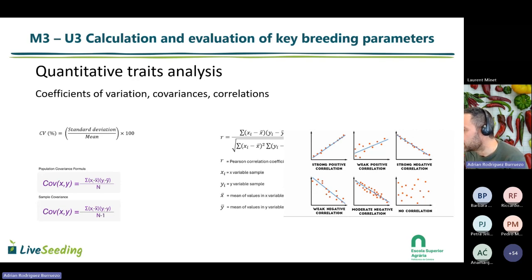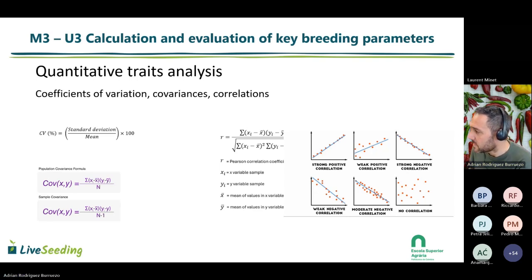Okay, I must revise because I did not copy properly the formula. I will provide you the revised version, sorry. But anyway, the correlation expresses, in terms of trend, positive or negative, and magnitude, the way two traits under the supervision of a breeder change with each other.